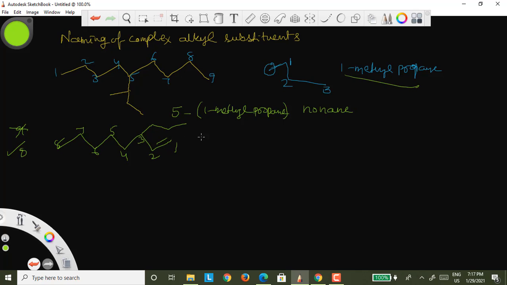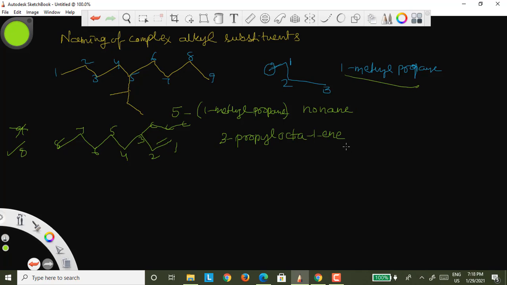Now its name will be: at 3, a substituent is there that contains 3 carbons, meaning a propyl group. So you can say 3-propyl, then octene, oct-1-ene, or 3-propyloct-1-ene.